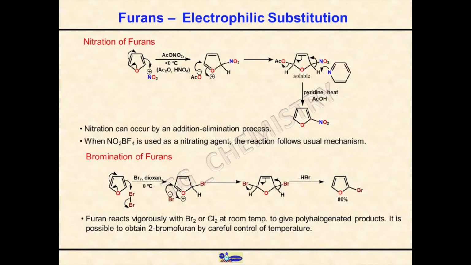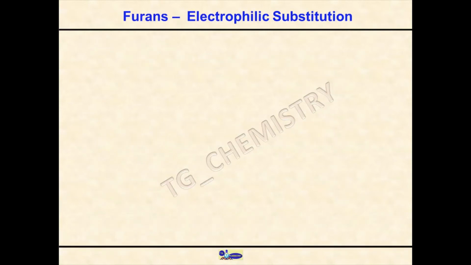So it is possible to obtain the 2-bromo or 2-halo furan derivatives if we control the temperature and keep it as low as possible, and then we can have the alpha-halo substituted furan derivative.